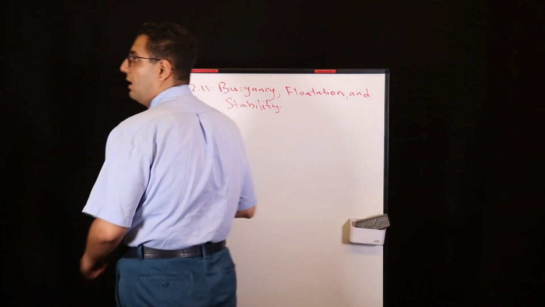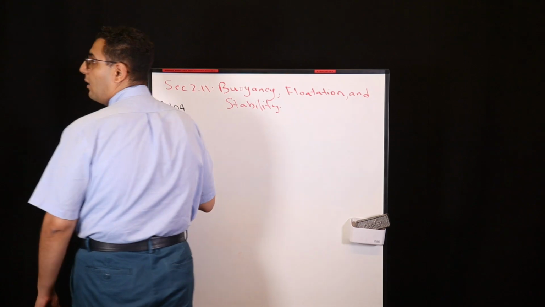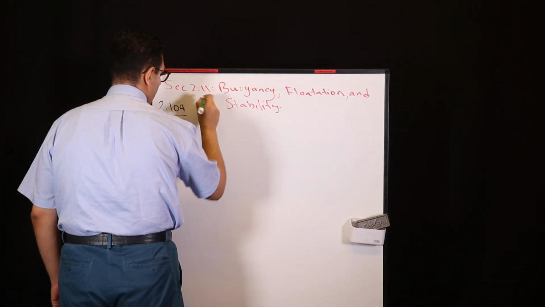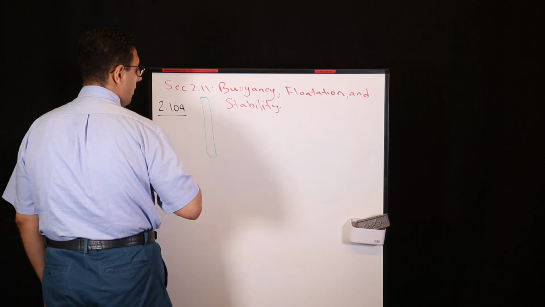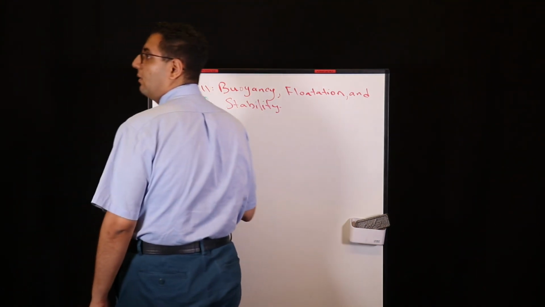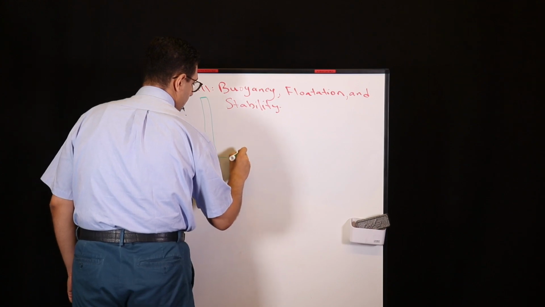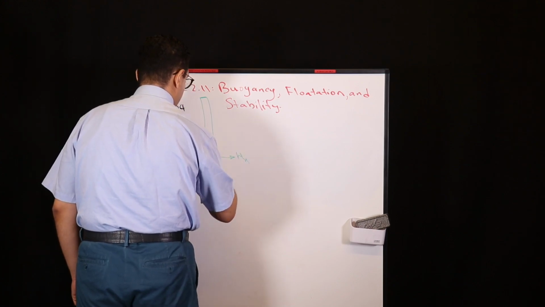The free body diagrams are like this. This is the tall side of the wall. These are the hinge forces, Hx, Hy.